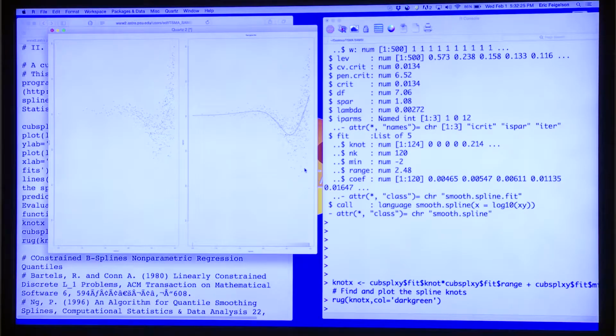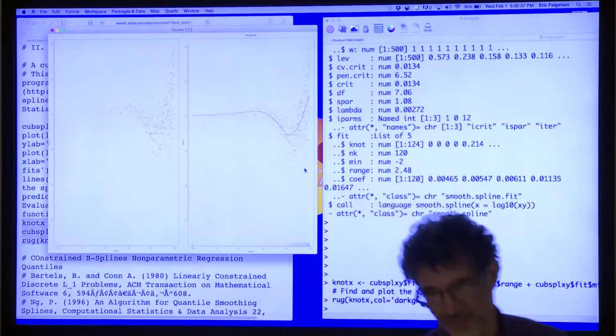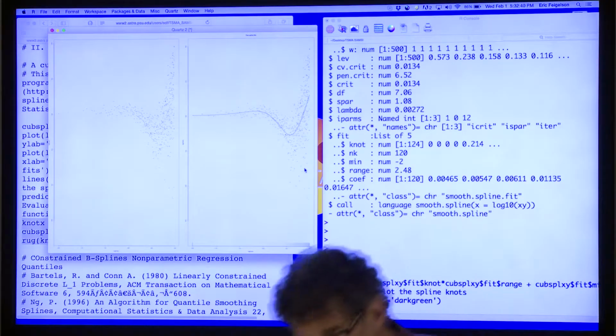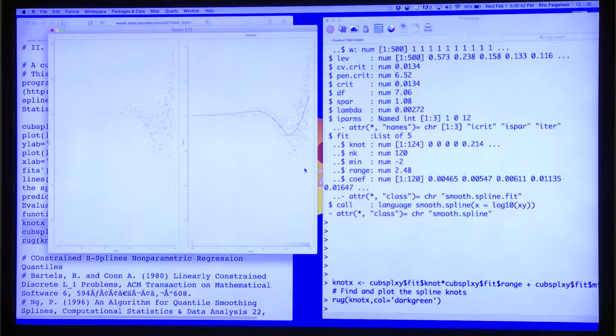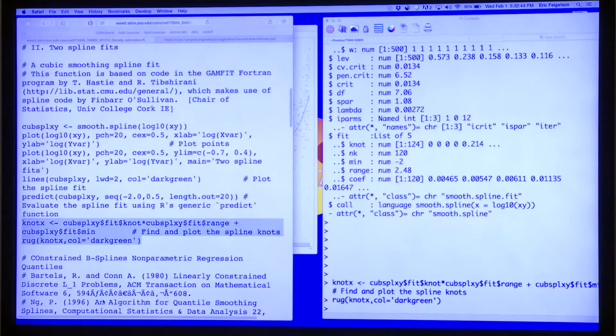And I don't mean to say that Sullivan and Hastie and Tibshirani are not distinguished statisticians. They are. But this old Fortran code they wrote in the 70s or the 80s is really sort of stupid. So I'm not saying it's wrong. It's just not very elegant.